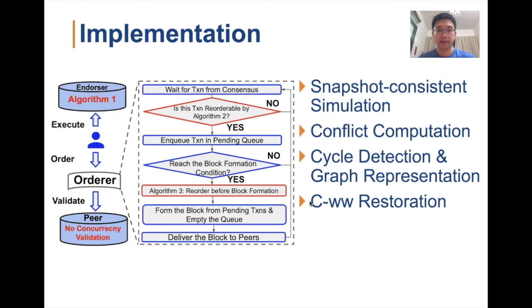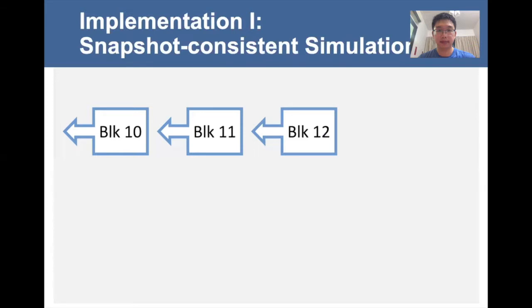For the snapshot consistent simulation, the major challenge is to parallelize the transaction execution with the block commit. Despite both steps needing to access the state from LevelDB, in the original Fabric, the above steps are mutually exclusive as the state access is coordinated with a single global lock. In our Fabric Shop, we rely on the snapshot support from the underlying LevelDB.